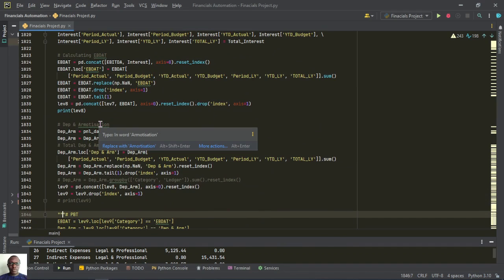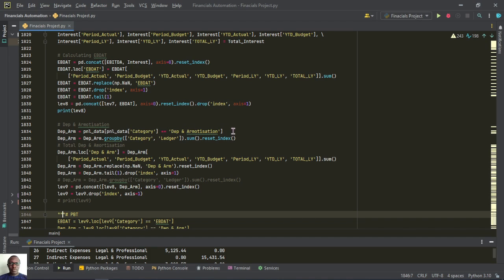So for depreciation and amortization, in our first line of code, we are saying that depreciation_amortization is equal to P&L_data in square brackets P&L_data, then the category is equal to dep and amortization.